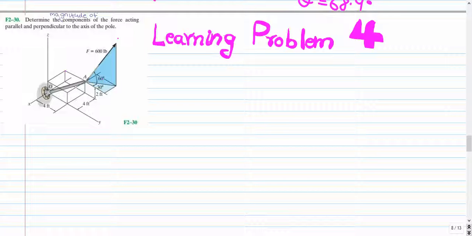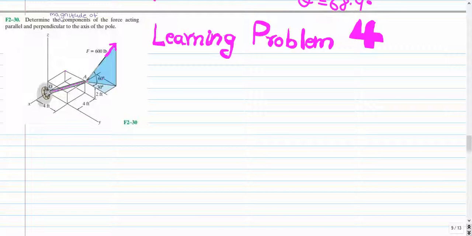So this is our force vector F, and they want us to find the magnitude of the two components for this force vector. One of those components needs to be parallel to the pole, and this is the pole. This is the line OA, and you can consider this as an axis.